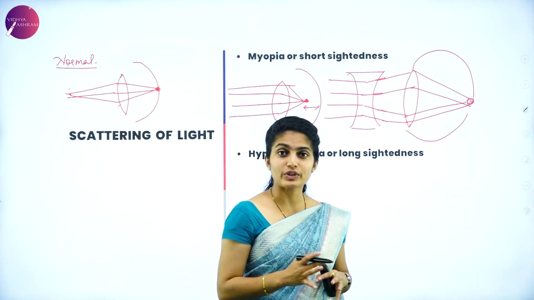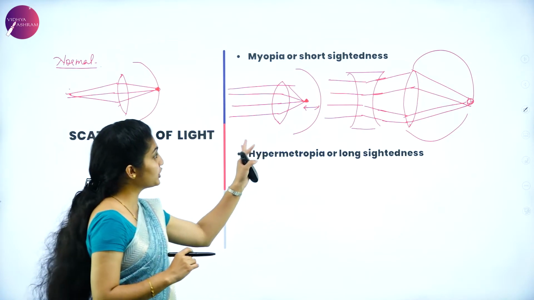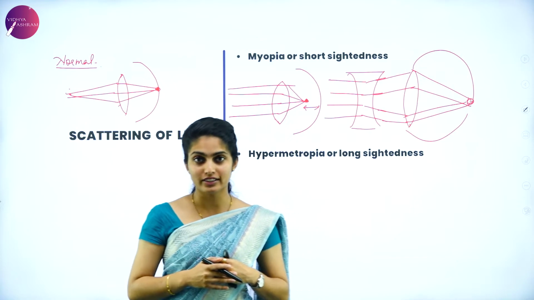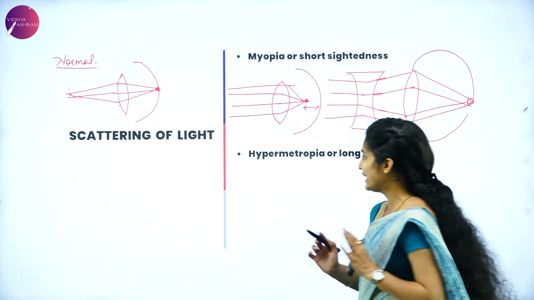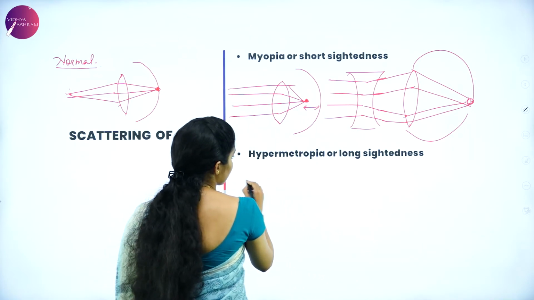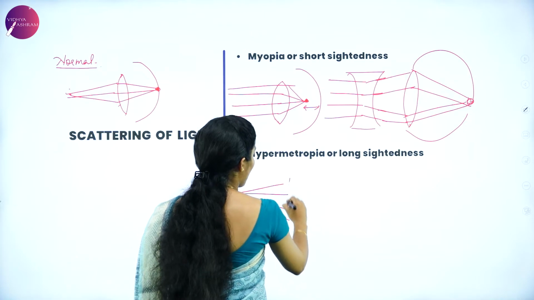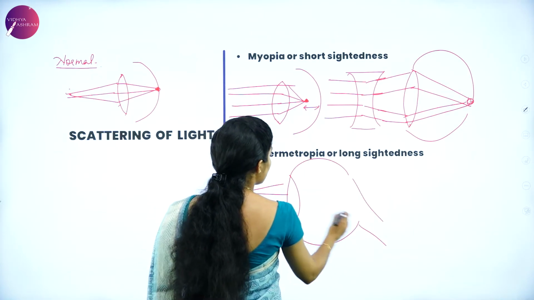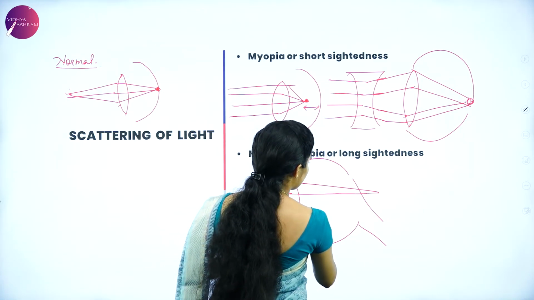And next we are going on to hypermetropia. So what is hypermetropia? It is the opposite of short-sightedness. That means the farther distance objects are clearly visible but the nearer objects are not visible. So any light which comes from a nearer object, what happens to it? Suppose this is an eye lens, all of it goes and falls behind the retina.